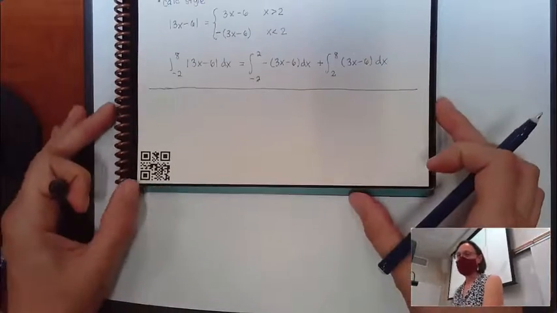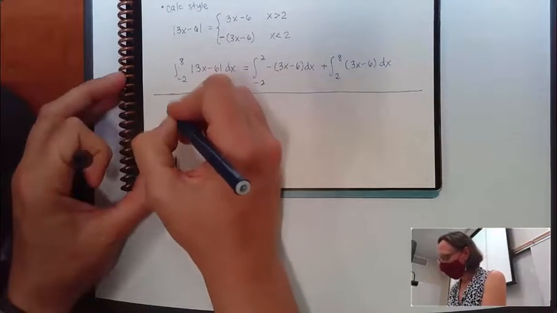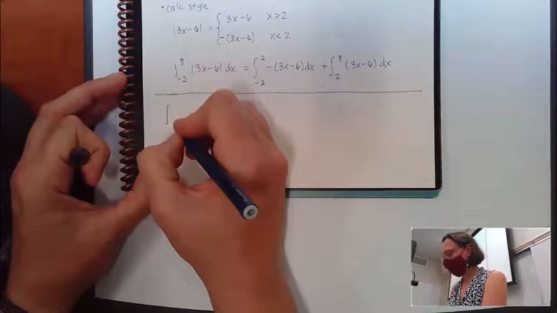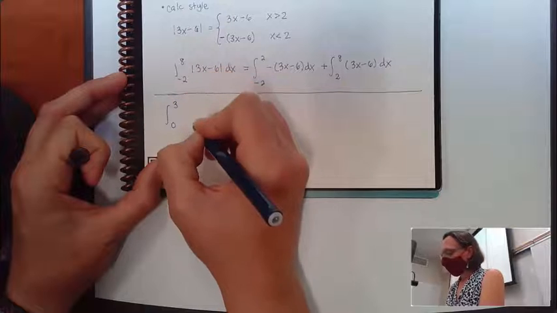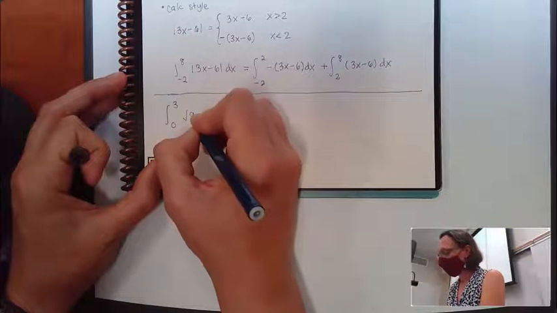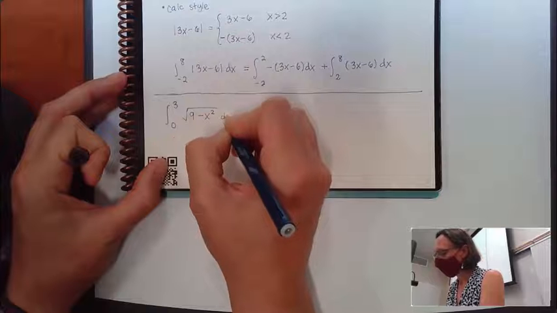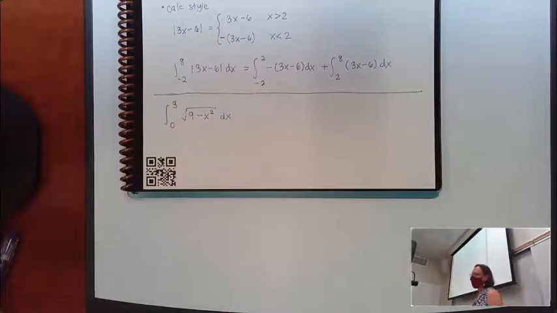And that one specific example would be if I asked you to integrate from 0 to 3 of the square root of 9 minus x squared dx. This is actually not something that we can integrate.